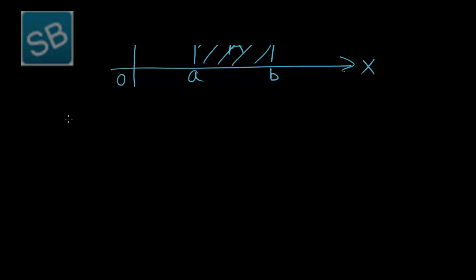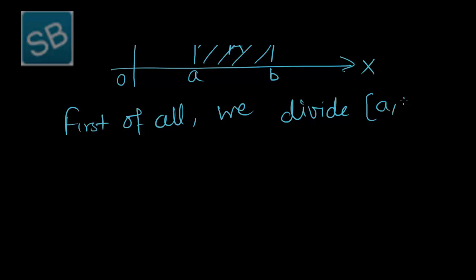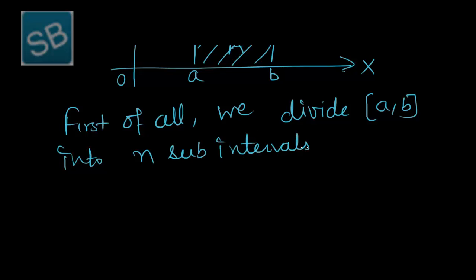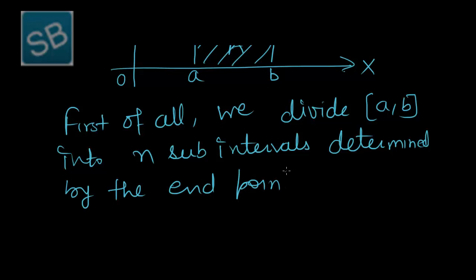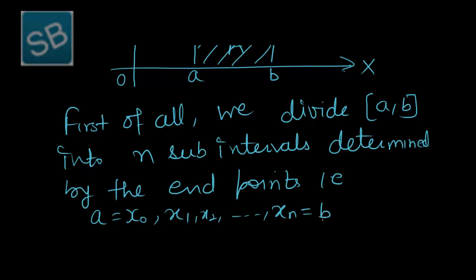First of all, we divide the closed interval [a, b] into n subintervals determined by endpoints, that is, the starting point x0, that is a, then x1, x2, and so on up to xn, that is the endpoint b.